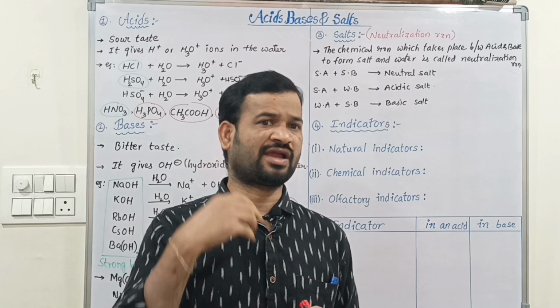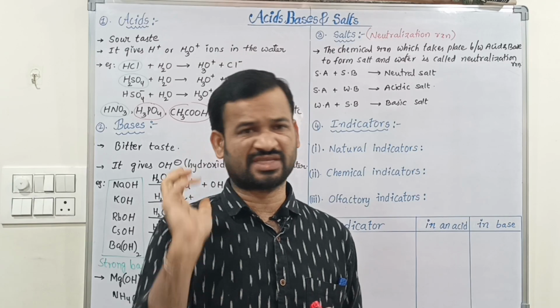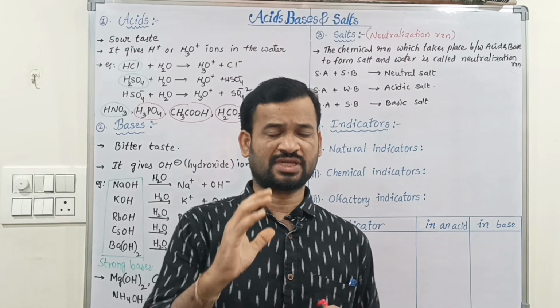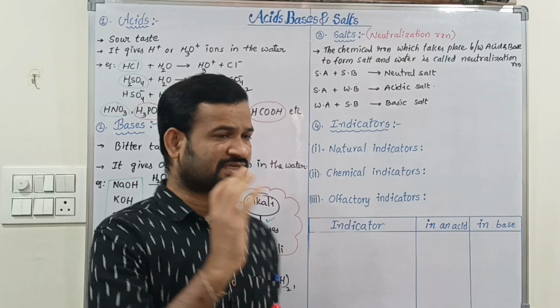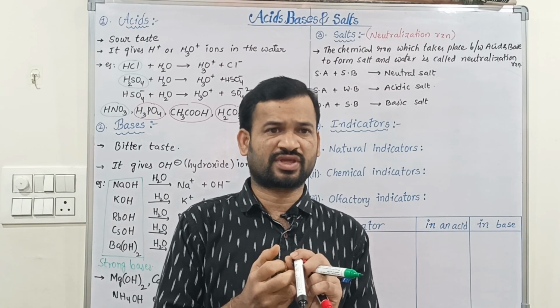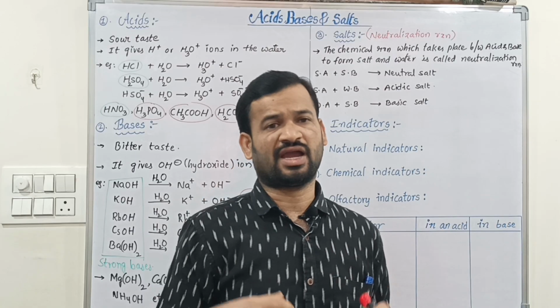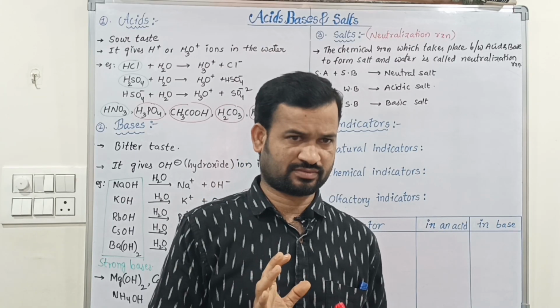If the anion hydrolysis rate is more, then we will get a basic salt. So if weak acid and weak base are reacted together, the formation of salt depends on the rate of hydrolysis of salt.